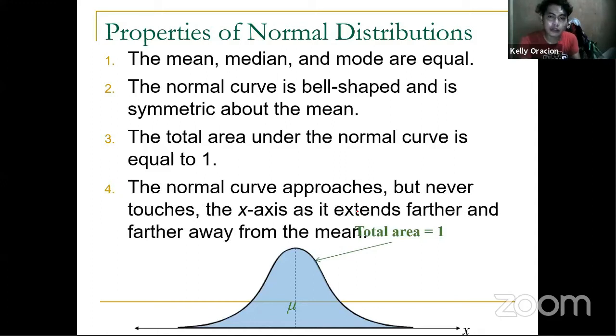Next, the normal curve approaches but never touches the x-axis, the horizontal line at the bottom, as it extends farther and farther away from the mean.